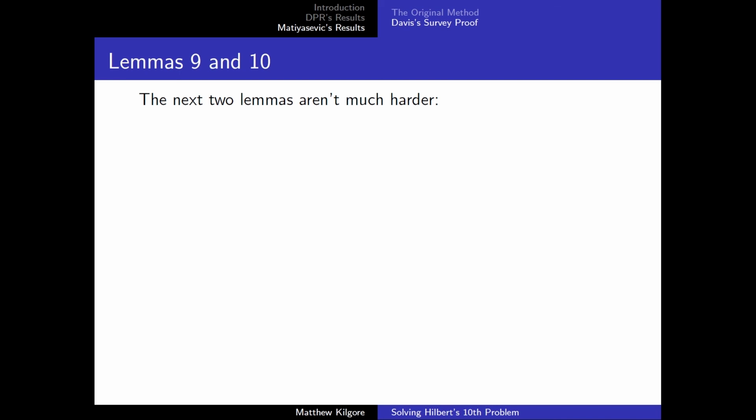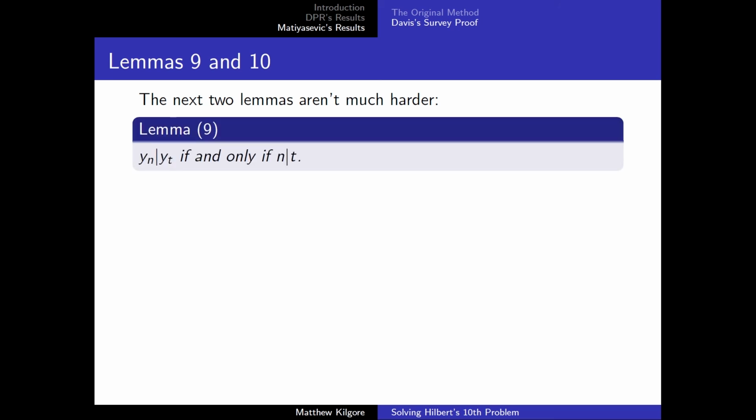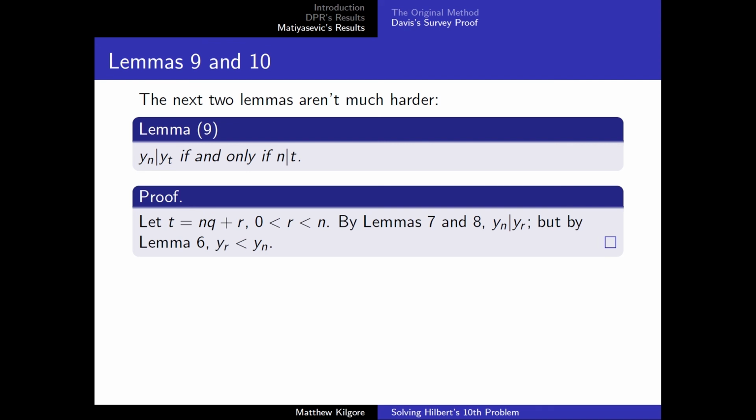The next two lemmas aren't much harder, but we will sketch some proofs, simply because they're a tiny bit less obvious. Lemma 9 inverts lemma 8 and shows that it's in fact if and only if: y_n divides y_t if and only if n divides t. To prove this, we use only the reverse direction of lemma 8. Let t equal nq plus r, with 0 less than r less than n.